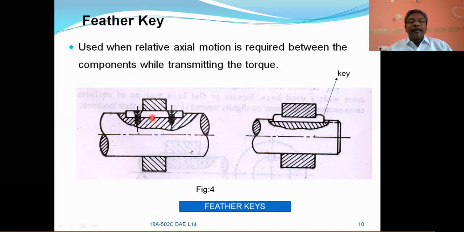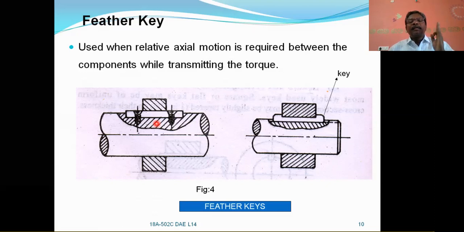That means there is a peg at the bottom of the feather key, and that fits the corresponding hole present in the shaft itself. So the types are: feather key with set screw, with peg, with single head, and with double head.